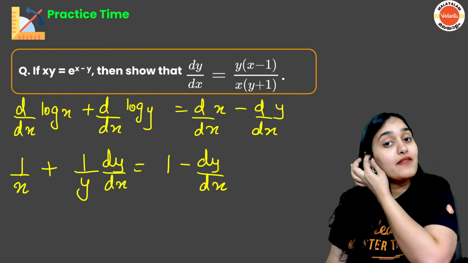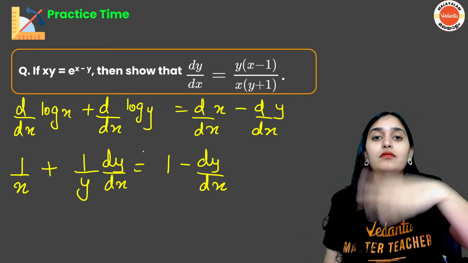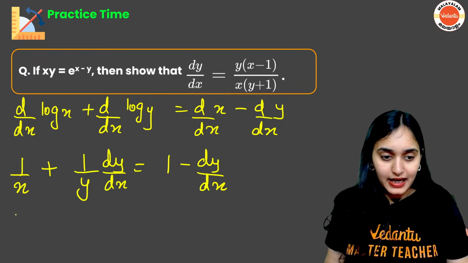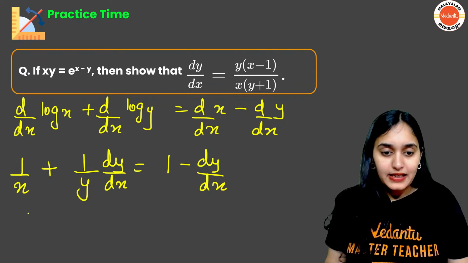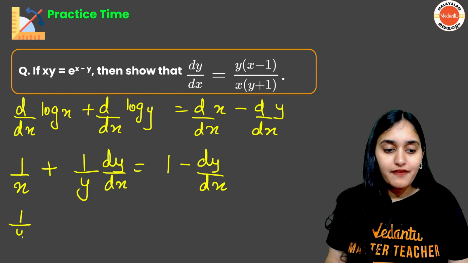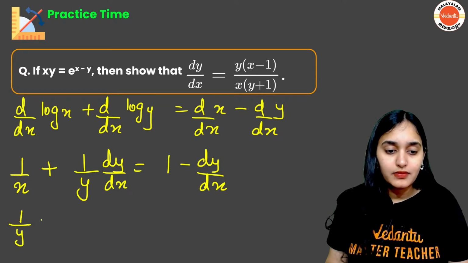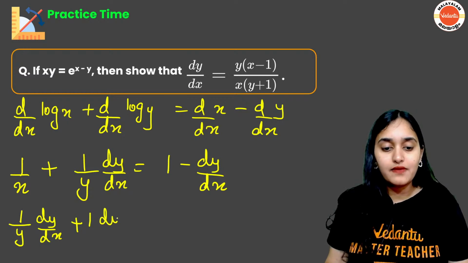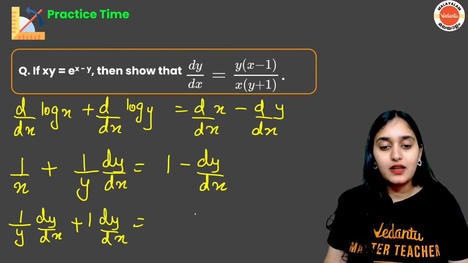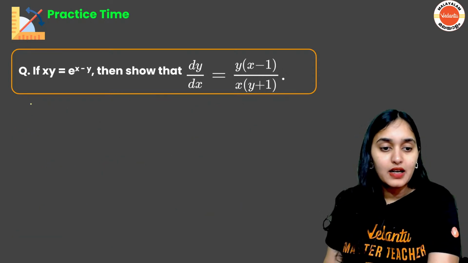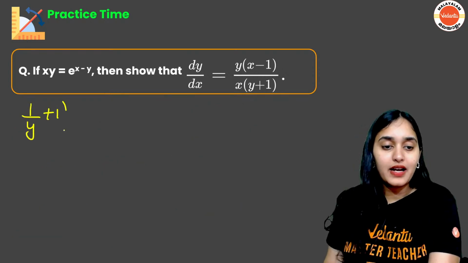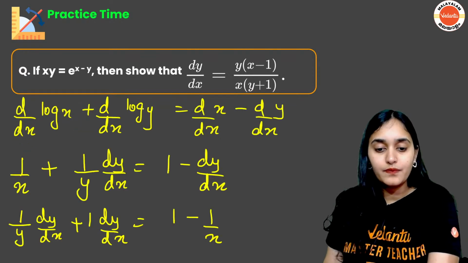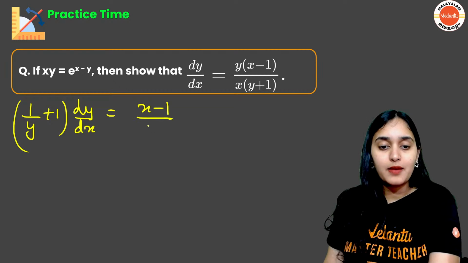Now, we will bring dy by dx on one side and remaining on the other side. So, we get basically 1 by y dy by dx plus 1 dy by dx is equal to 1 minus 1 upon x.